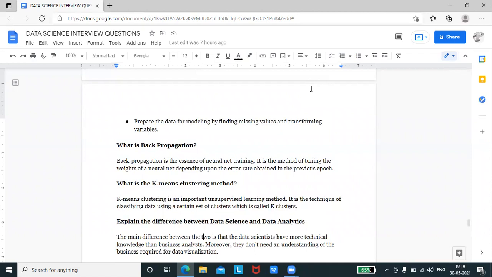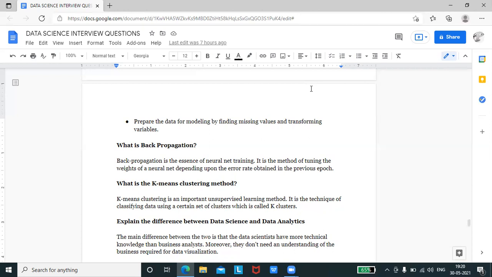Then the next question is what is k-means clustering? So as the name suggests, k-means clustering is a type of clustering algorithm, and clustering is an unsupervised learning type.